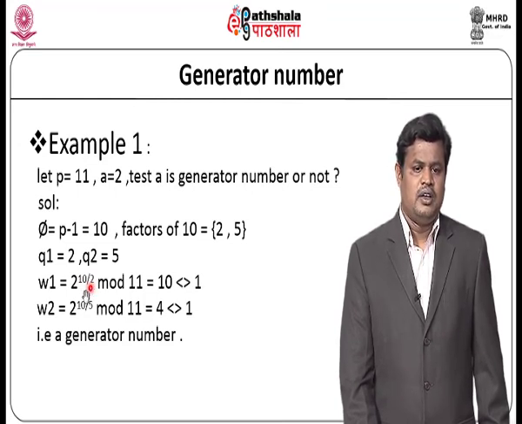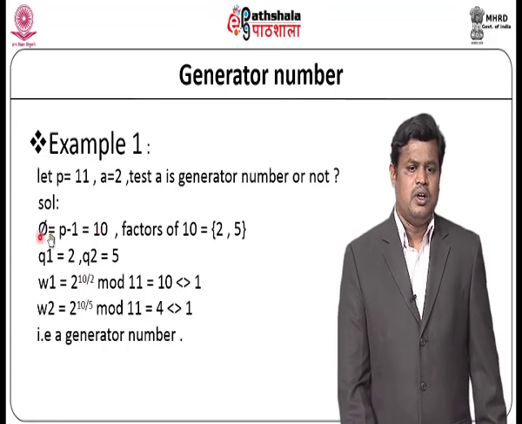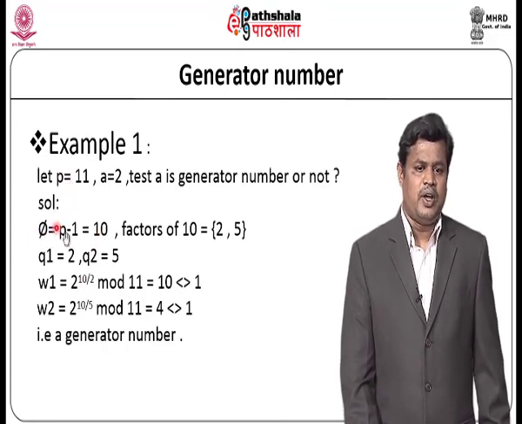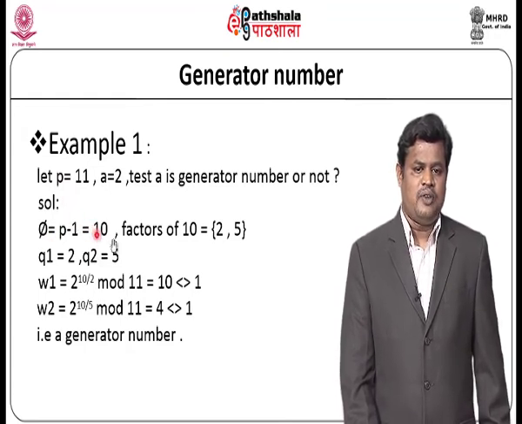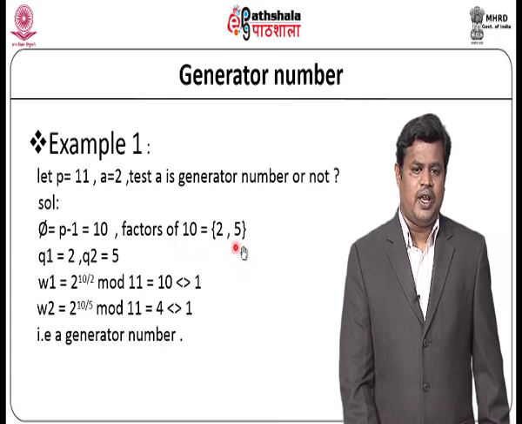Already we know phi is 10, that is p minus 1, where p is 11, and the factors of 10 are 2 comma 5. So now I want to find w1 and w2.